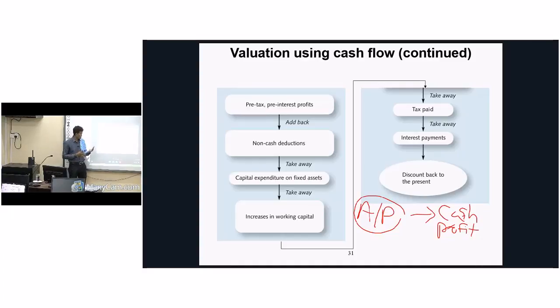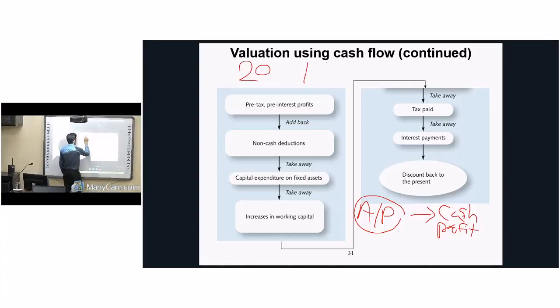But increase in working capital means, if you take an example, let's say at the end of last year we have a stock balance of 20 million, and at the end of this year, we can see from the balance sheets, last year's balance was 20 million, and this year's balance was 15 million. So I can see now 20 million has dropped to 15 million.